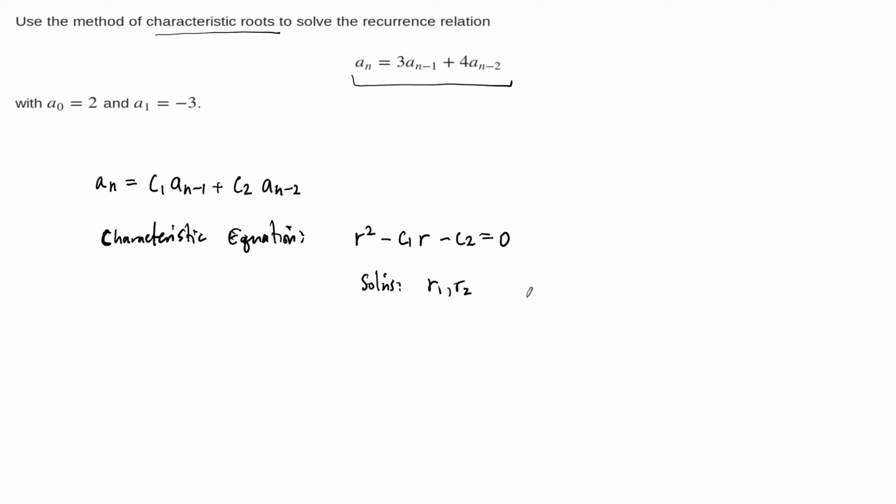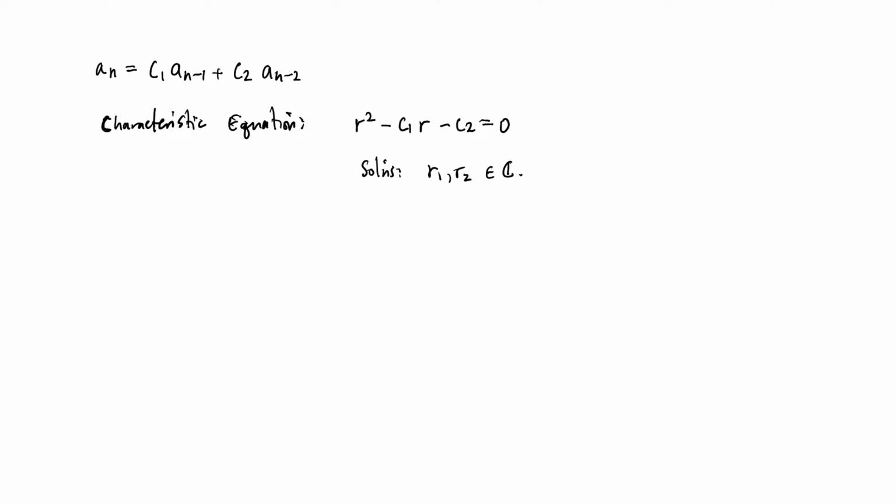All right, and this will have solutions r1 and r2, and these can be any real numbers. In fact, they could even be complex numbers, if you're trying to solve a quadratic equation. So for us, let's say r1 is not equal to r2, and they're both real, then the solution a sub n is equal to some constant, call it alpha 1, times r1 to the power n, plus some other constant, alpha 2, times r2 to the power n.